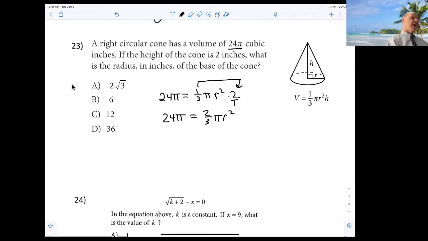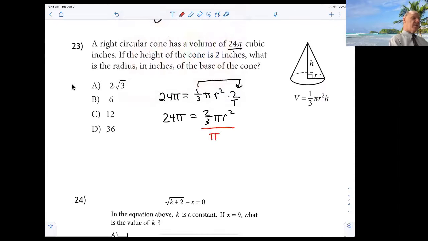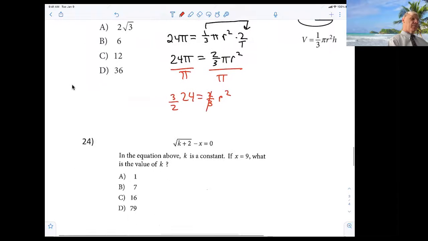What can I do to the pi's? Cancel them out. If you want to see why, just divide both sides by pi. 24 equals 2/3 r squared. How do I get rid of 2/3? Multiply by the reciprocal. So I'm going to multiply by 3/2.